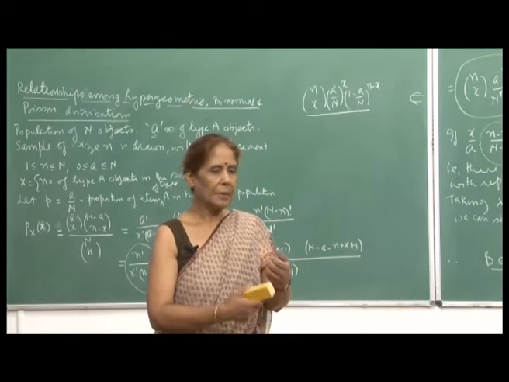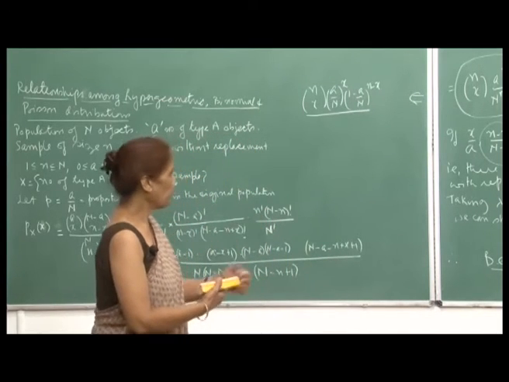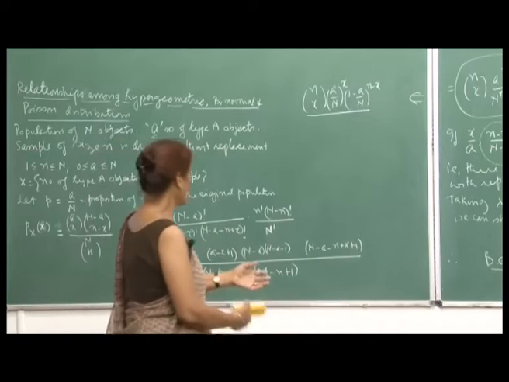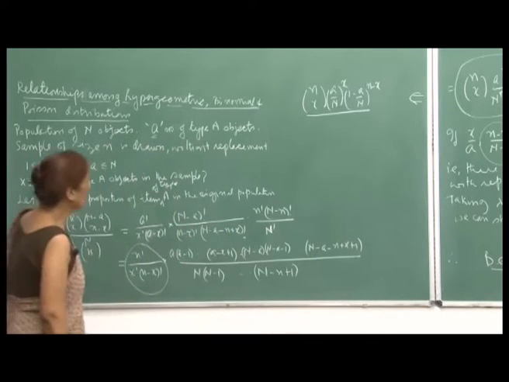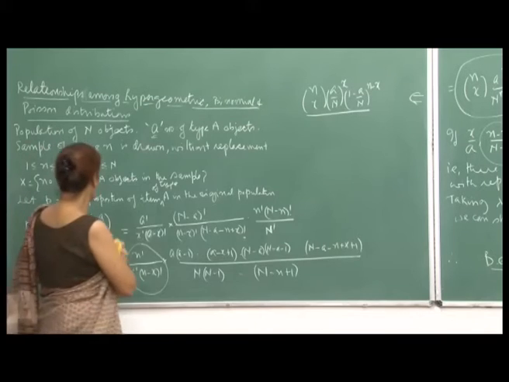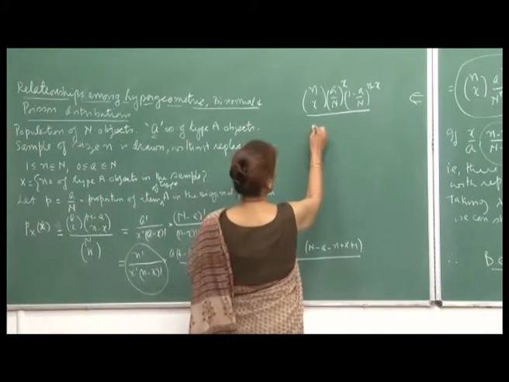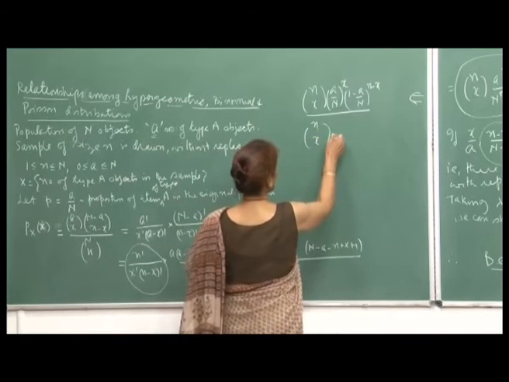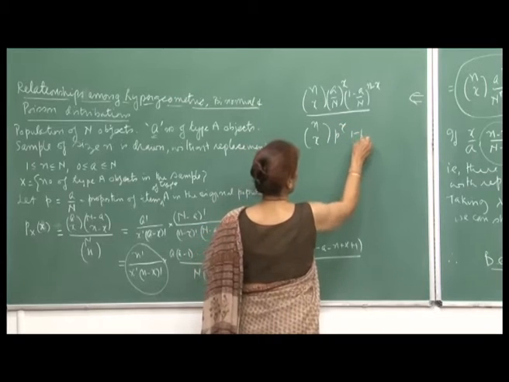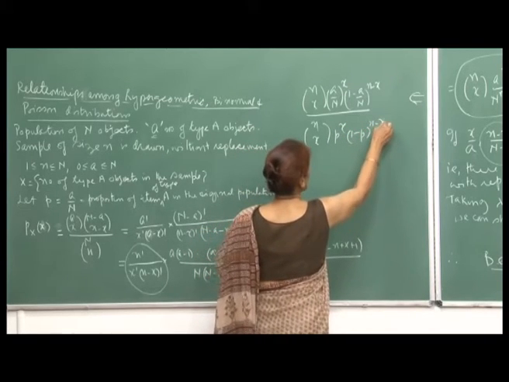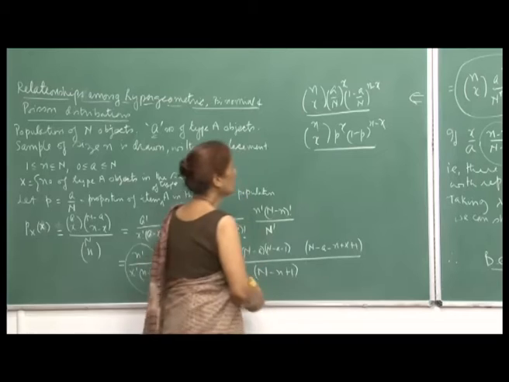So, each time the probability of getting a white ball remains the same, equal to a by N, which is p. So, this actually comes out to be p raised to x, 1 minus p raised to n minus x. So, this is what I wrote.